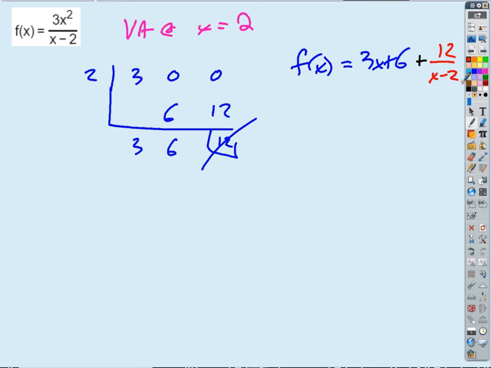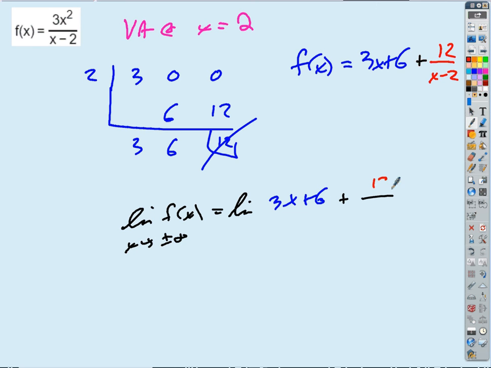Now, if we take the limit of f of x as x approaches plus or minus infinity, what am I getting? The limit of 3x plus 6 plus 12 divided by x minus 2, that whole thing, as x approaches plus or minus infinity.